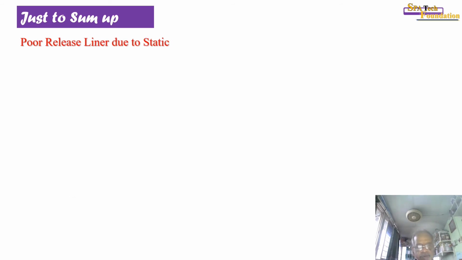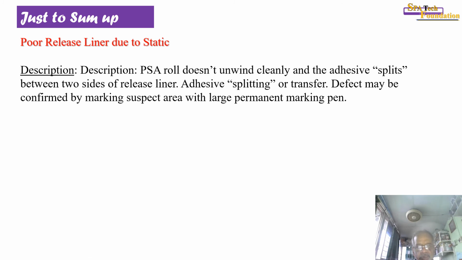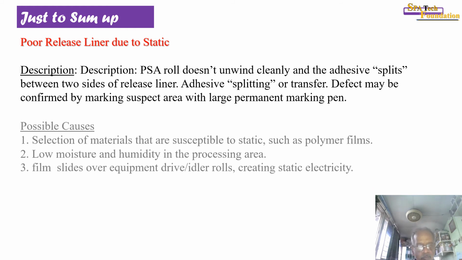Poor release liner due to static. The PSA roll does not unwind cleanly and the adhesive splits between two sides of the film or release liner. Adhesive splitting or transfer defect may be confirmed by marking the suspect area with a large permanent marking pen.